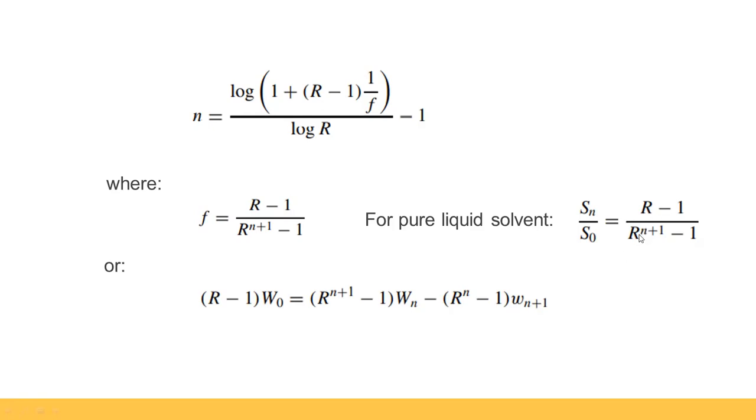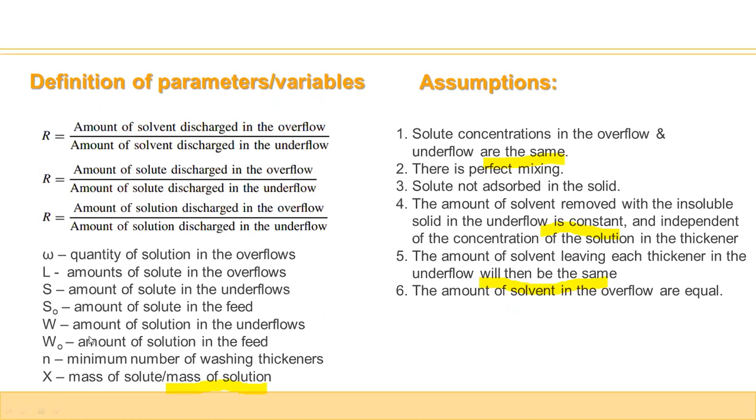Again, choose the appropriate formula for the R based on what is given. Or you can have this particular formula. Again, you get to see the N here, the number of washings, together with the R. But this time, instead of working on the solute present, you will have now the W, which is the solution in the underflow.